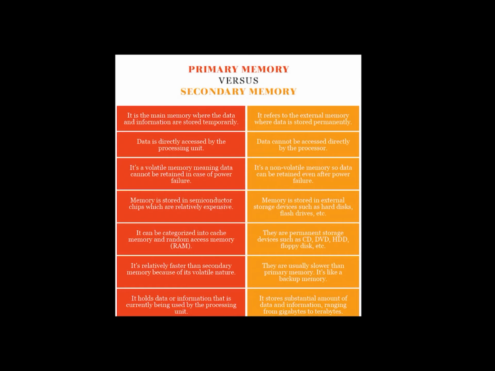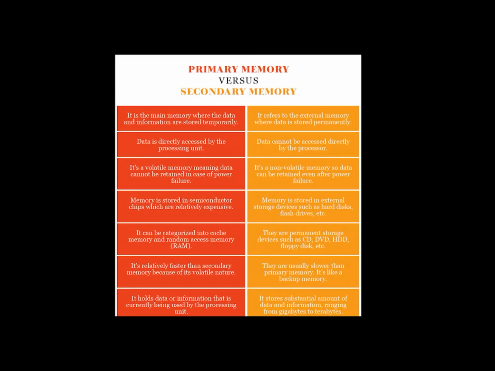Here we can see a table that shows primary memory versus secondary memory. Primary memory is the main memory where data and information is stored temporarily, and secondary memory refers to the external memory where data is stored permanently. Another difference is that data is directly accessed by the processing unit in the primary memory, and in the secondary memory, data cannot be accessed directly by the processor.